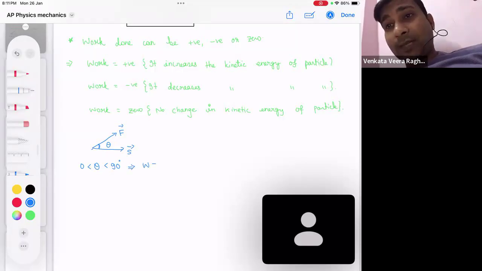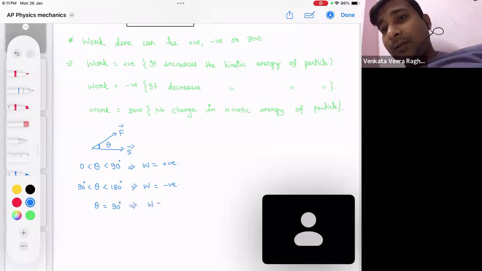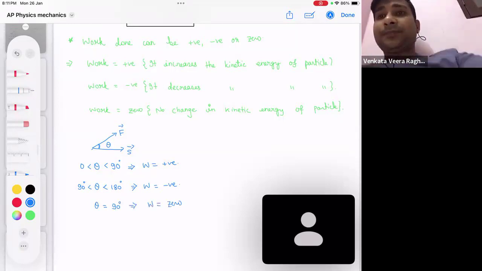Work done will come positive. If theta is lying between 90 degree to 180 degree, that means it is an obtuse angle. What will the work done be? It will come negative. And if theta is exactly equal to 90 degree, what will the work done be then? Then it will come zero.